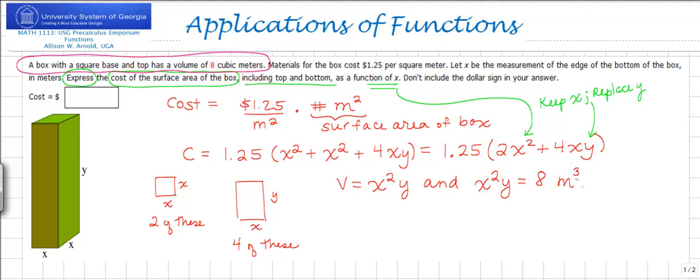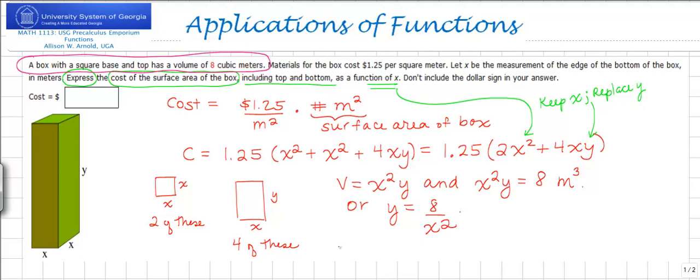Okay? And a side note, surface area should be in square units and volume should be in cubic units if you're doing this correctly. Okay, so in this case, y can be isolated as 8 divided by x squared. And let's remember our goal.